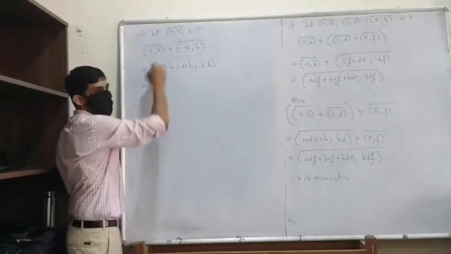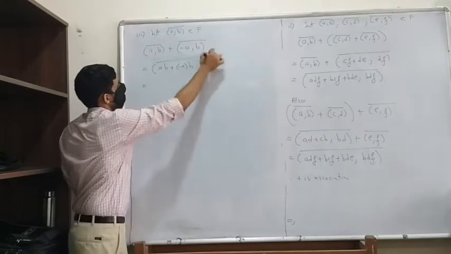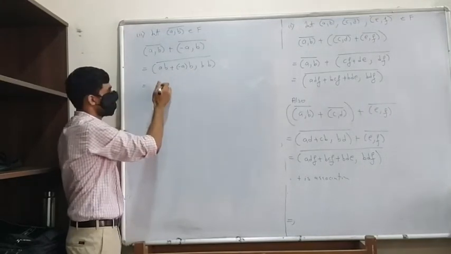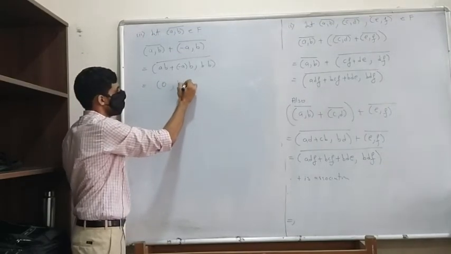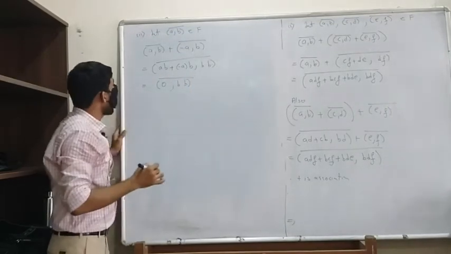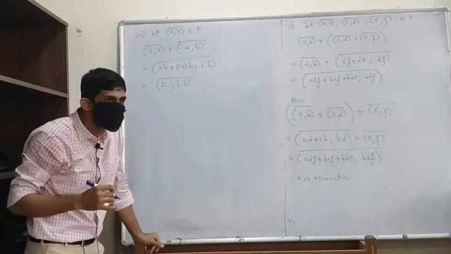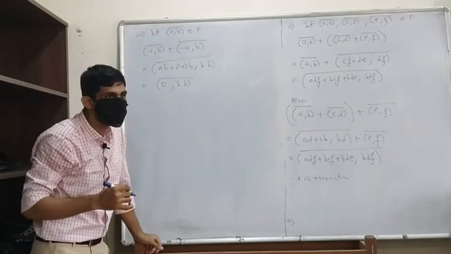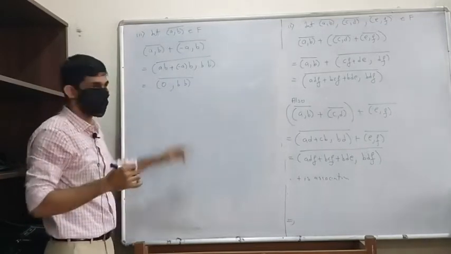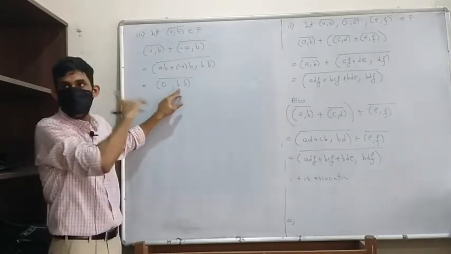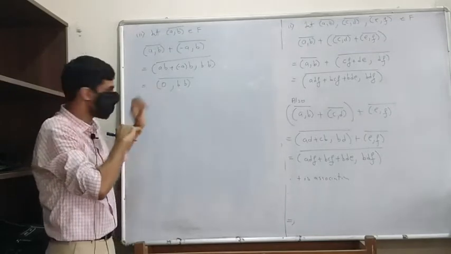What is this? What is this? 0, right? 0 times B into B bar. But I wanted to show that this is 0, right? Is this 0? Yes, because this is an element of that equivalence class. So this is one of the representation elements.